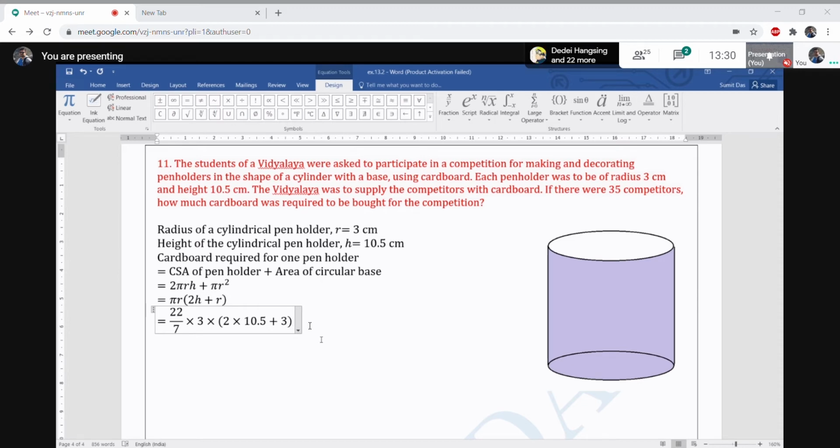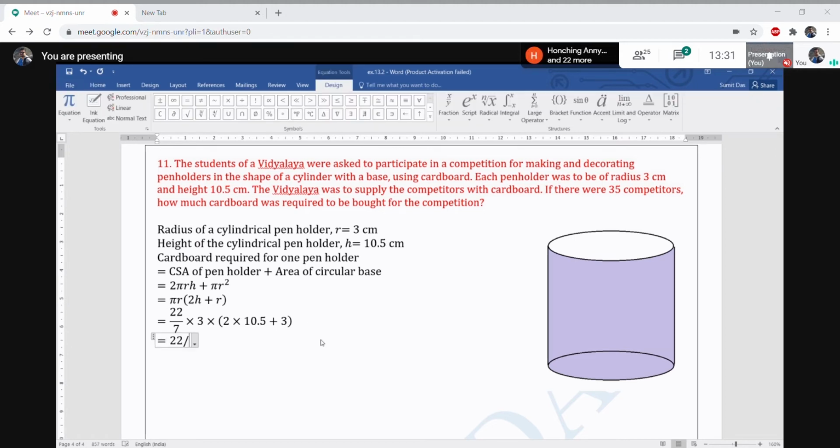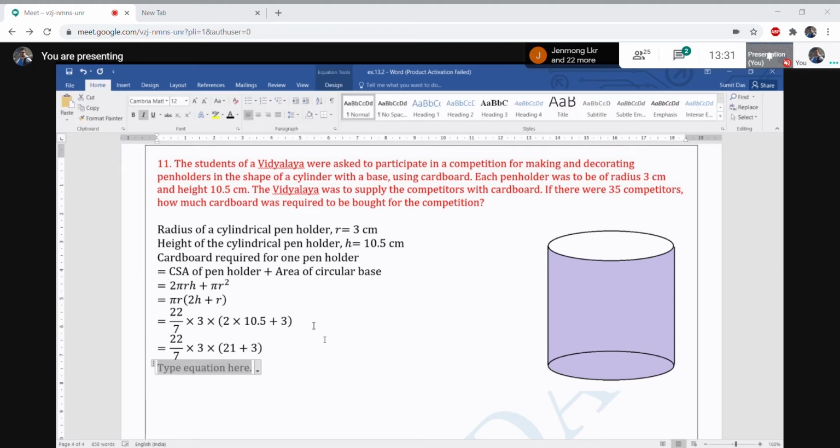If you simplify this, 22 by 7, then 3, then inside the bracket, 2 into 10.5 is 21, plus 3. It will be 66 by 7 into 24.